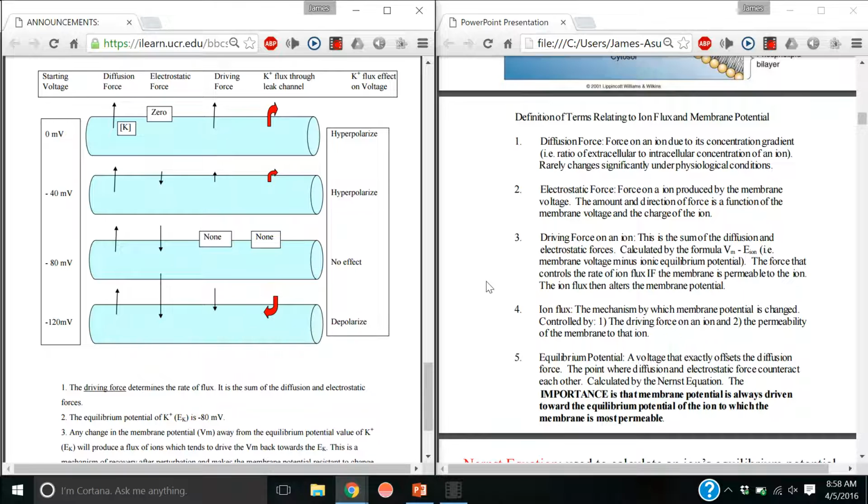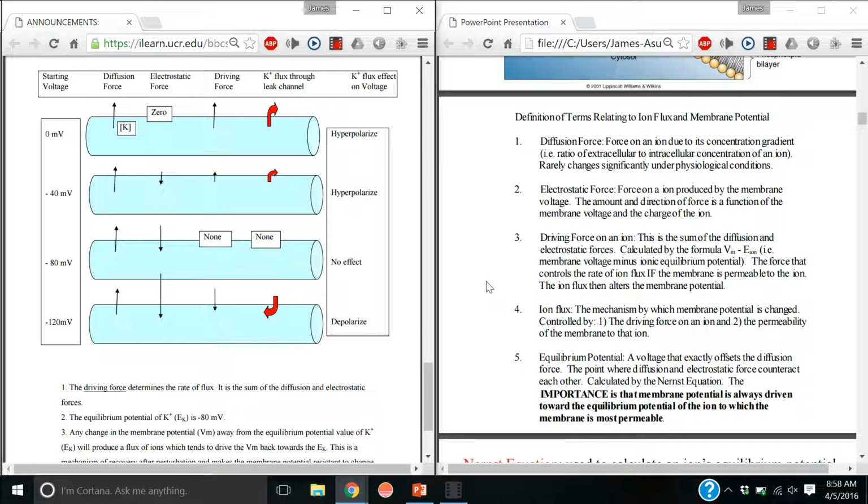And last example here. But what if the membrane potential is more negative than minus 80 millivolts? At any membrane potential more negative than minus 80 millivolts, the electrostatic force that's attracting the positively charged ion is going to be greater than the diffusional force repelling the ion.